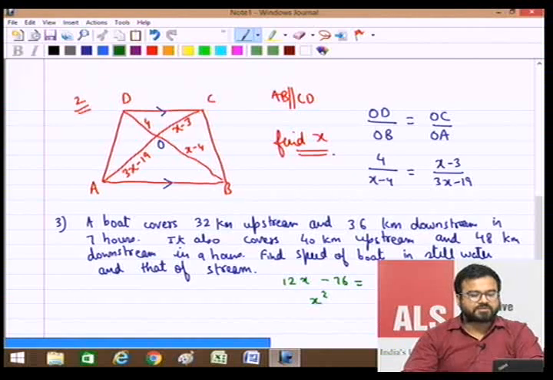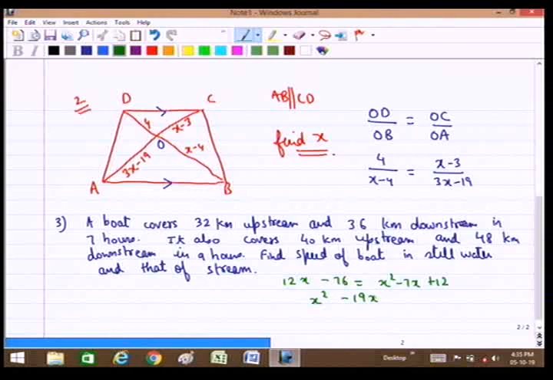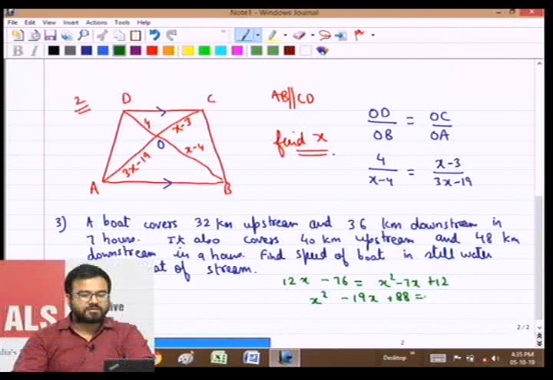So it will be x square minus 19x plus 88, and it can be factorized as x minus 11 into x minus 8. So x can be either 11 or 8.